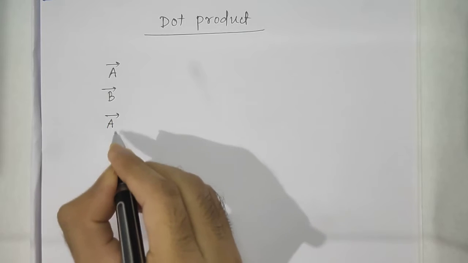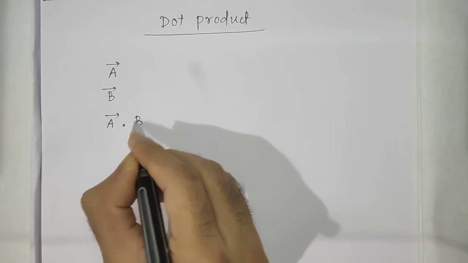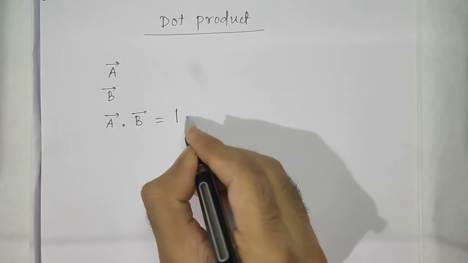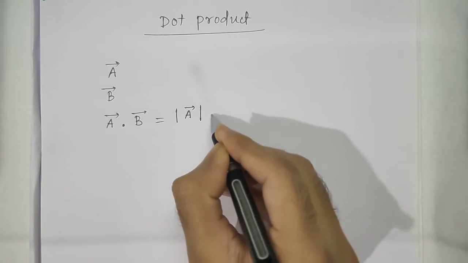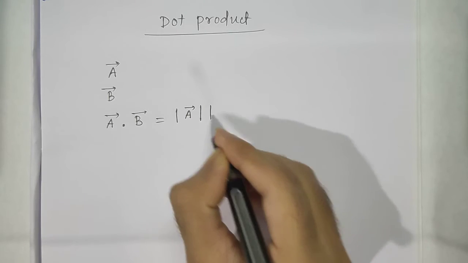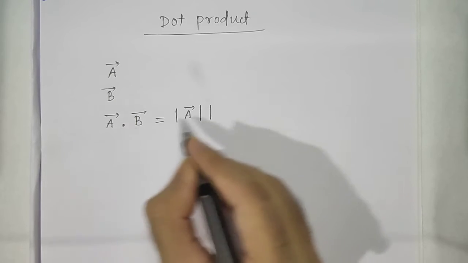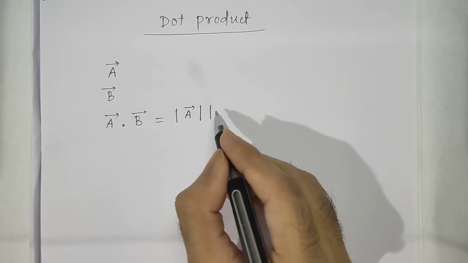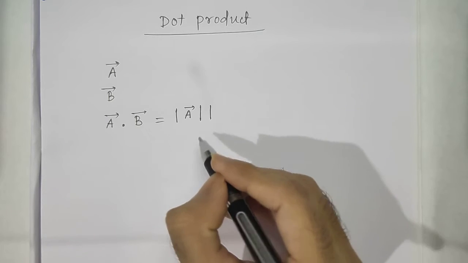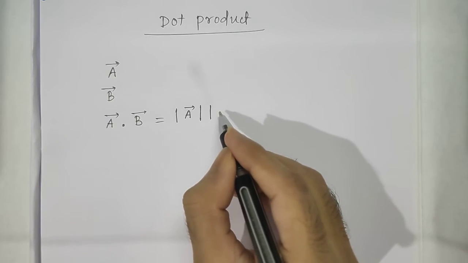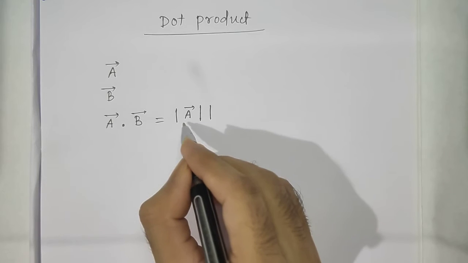That is, the vector A dot the vector B equals modulus of vector A into modulus of vector B into the cos of the angle between them. I am not putting a dot here because this is the dot product, but I am just writing this to denote that we have to multiply.